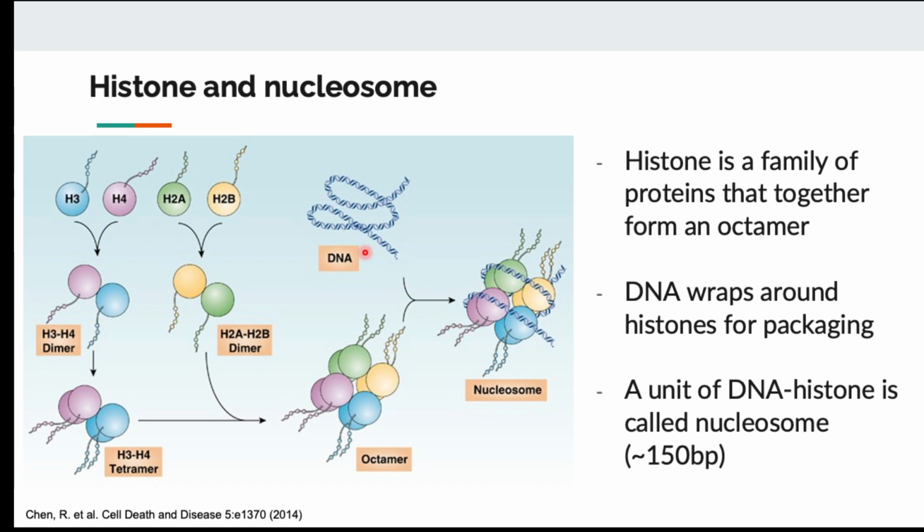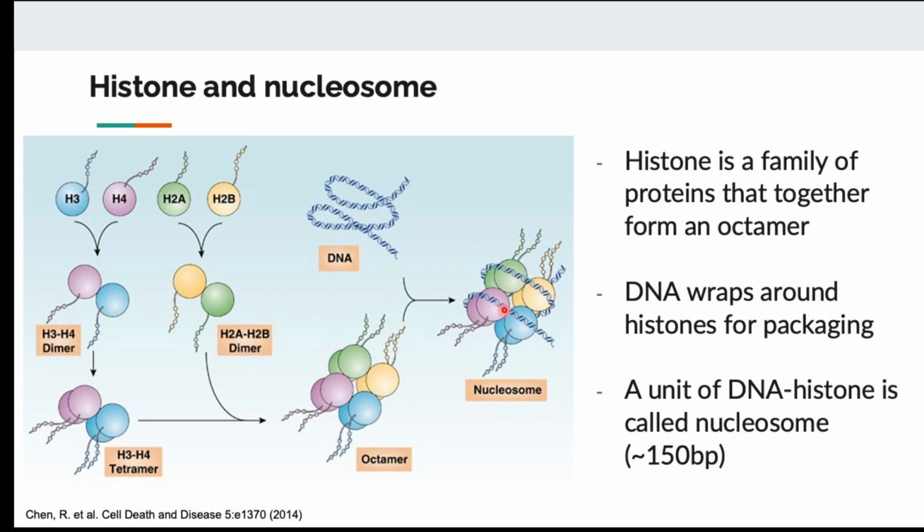And when these histones form the octamer, one of the key functions is that the DNA strand can wrap around these octamer molecules, about 150 base pairs wrapping around one octamer of histone. And this unit of histone and DNA is called a nucleosome.